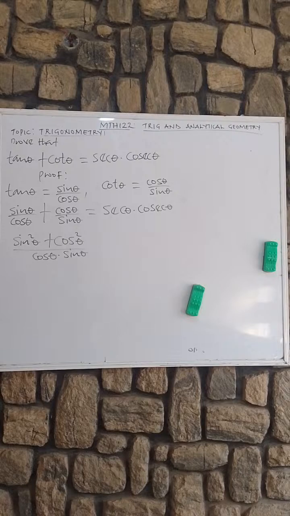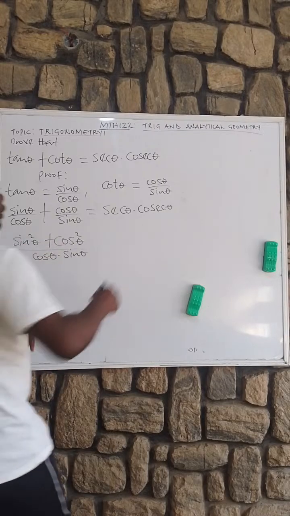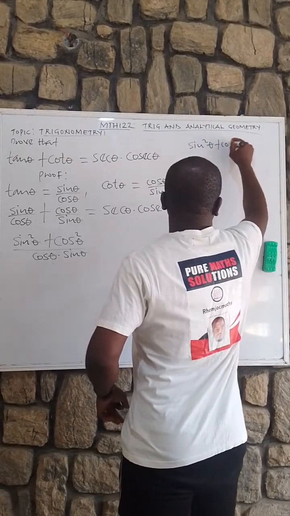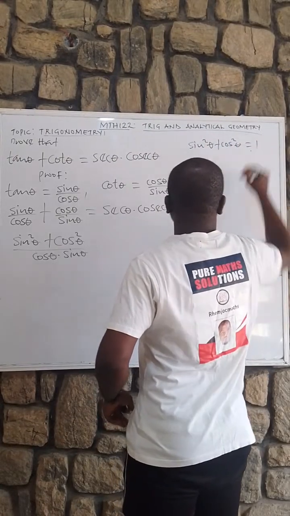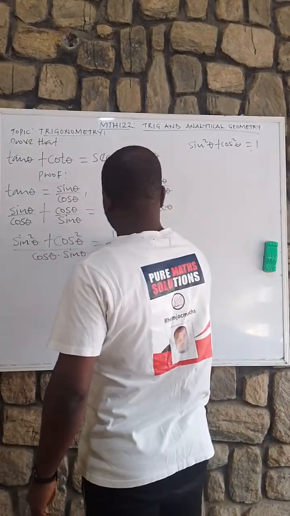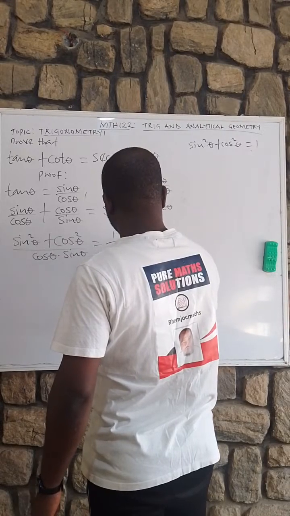So, as you can see now, go back to your trig. You know that sin square theta plus cos square theta is equal to 1. So it means this is the same as 1 all over cos theta times sin theta.